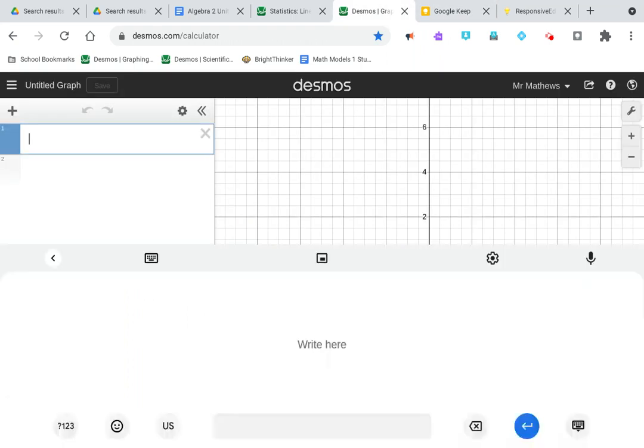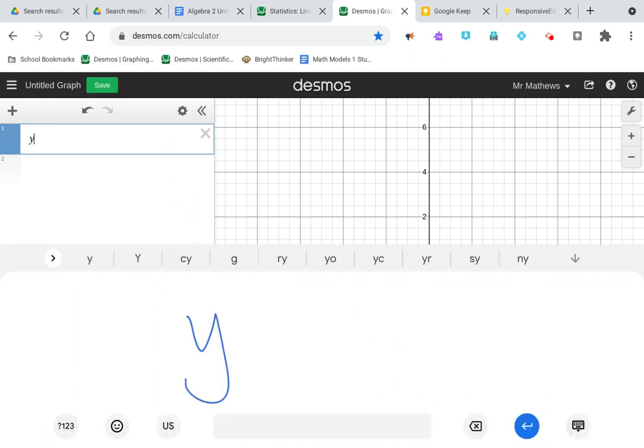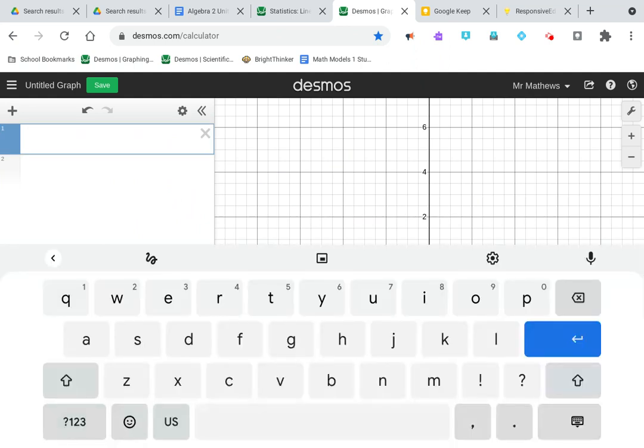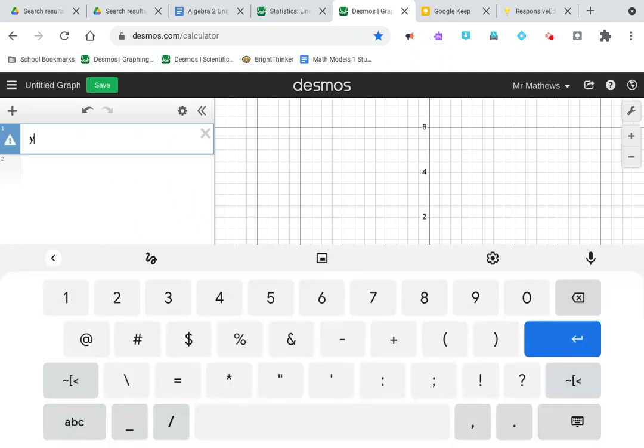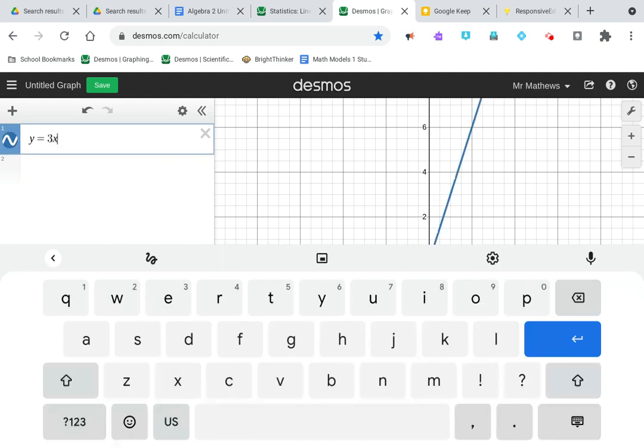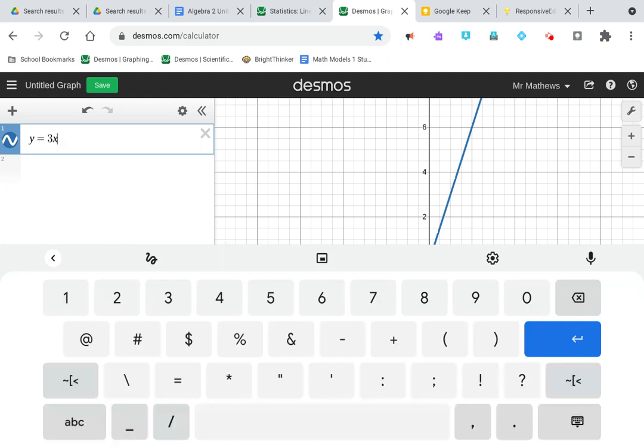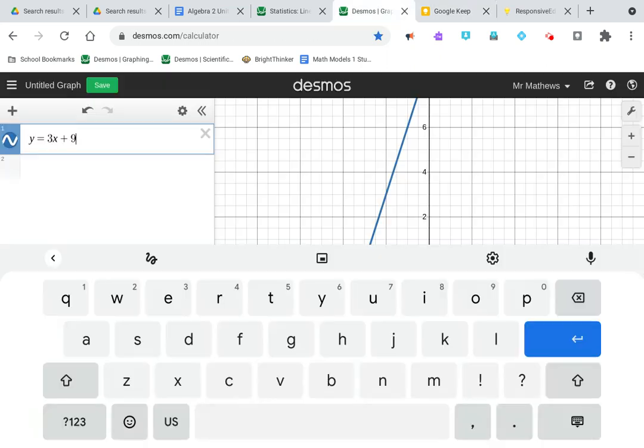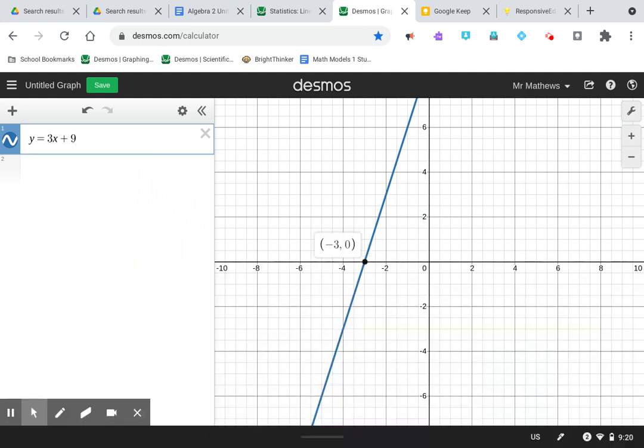So we're going to jump over to our graphing calculator, and we're going to do y equals 3x plus 9. Let's make sure I did that right. 3x plus 9. All right, let's make this go down, and we'll see where our x-intercept is right there.